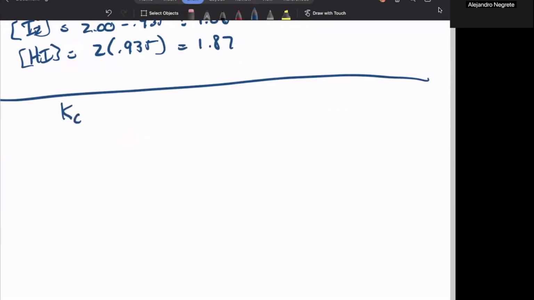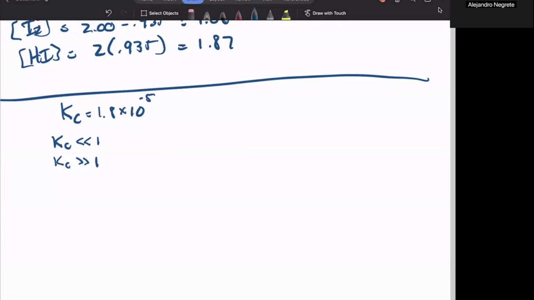So K sub C in this case is going to equal 1.8 times 10 to the minus 5. Now this is like a 5% rule for K sub C. There are rules for when K sub C is a lot less than 1, and when K sub C is a lot greater than 1, where sometimes we can ignore some of these values.